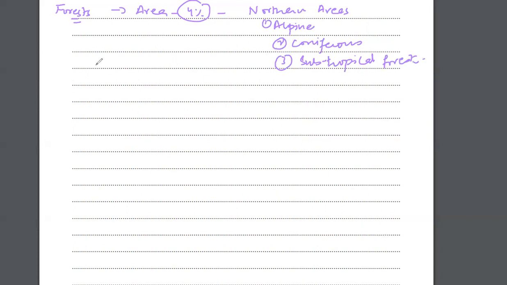And then at the coastal area, we have mangroves. Okay.